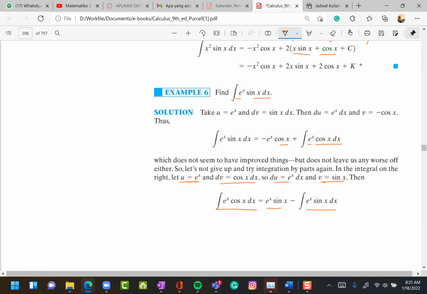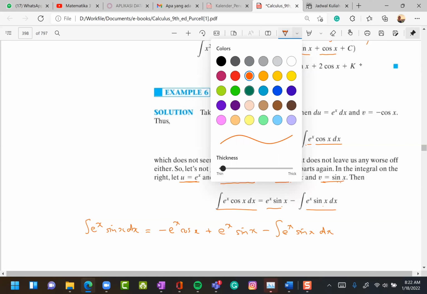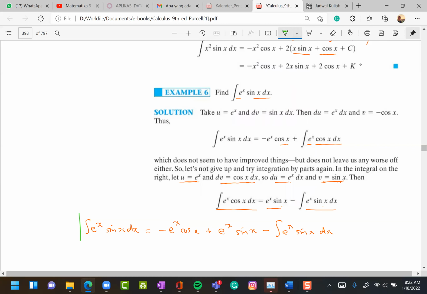So in the end, you have this integral equals negative e to the x cosine x, plus this replaced by this. Now observe these two here.